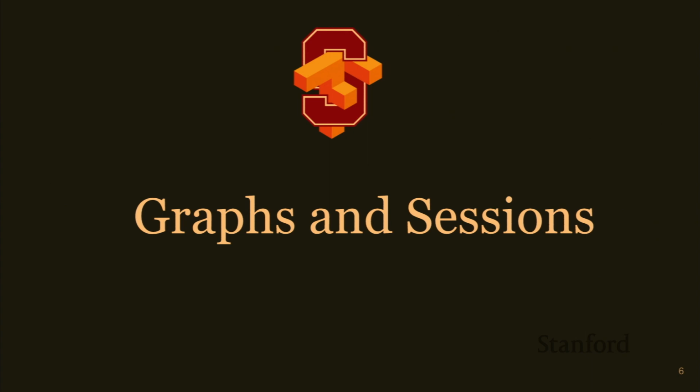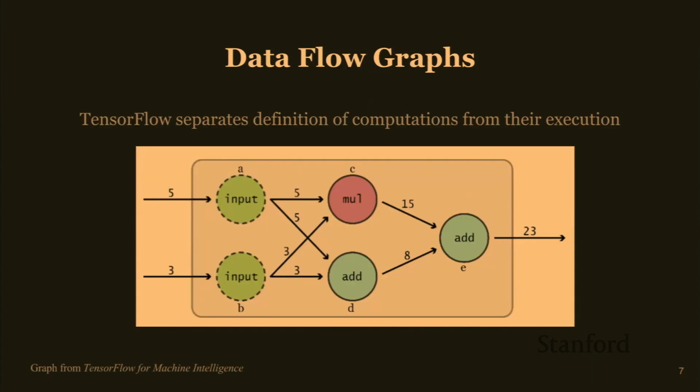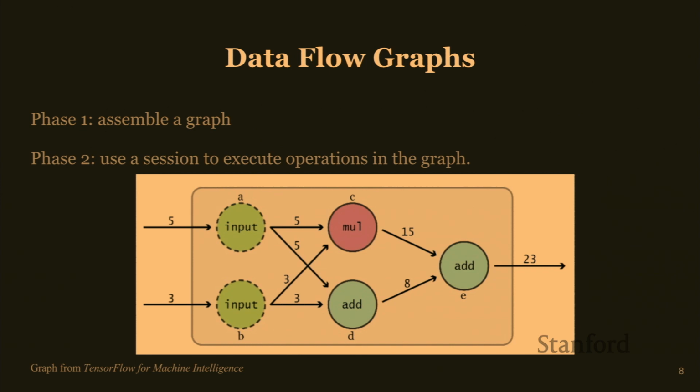Okay, so for graphs and sessions. The most important thing to learn about TensorFlow is that it separates the definition of the computation graph from its execution. What does that mean? Every TensorFlow program has two phases. The first phase assembles the graph, and the second phase executes the ops in the graph. This might change in the future with eager execution.